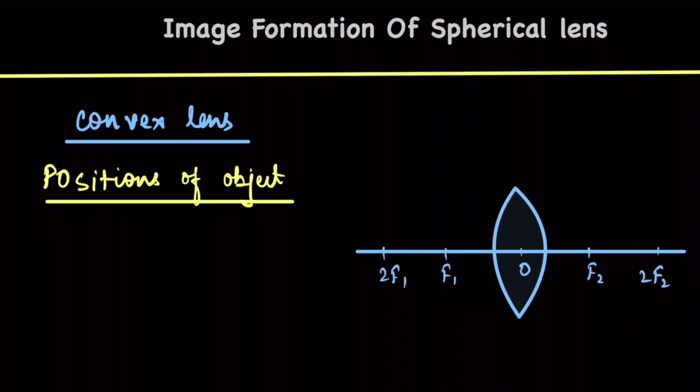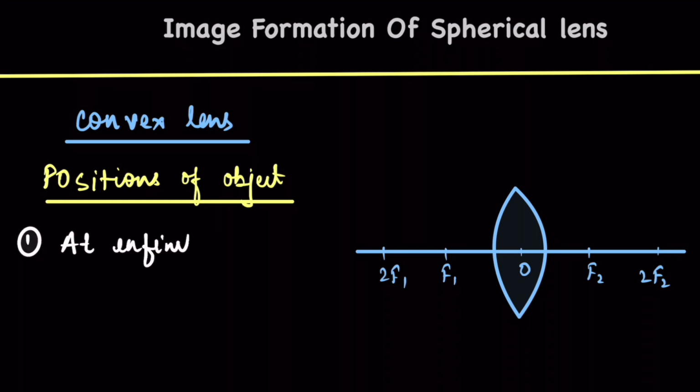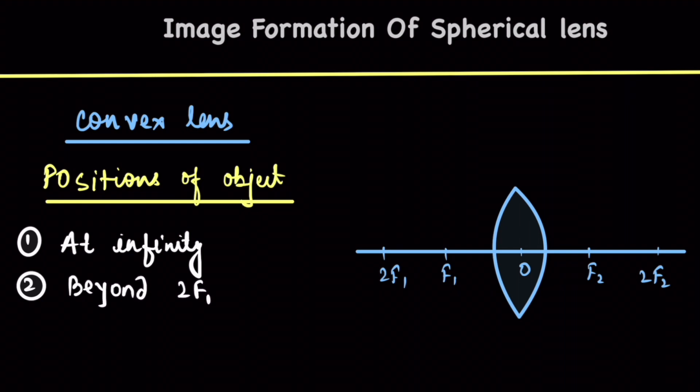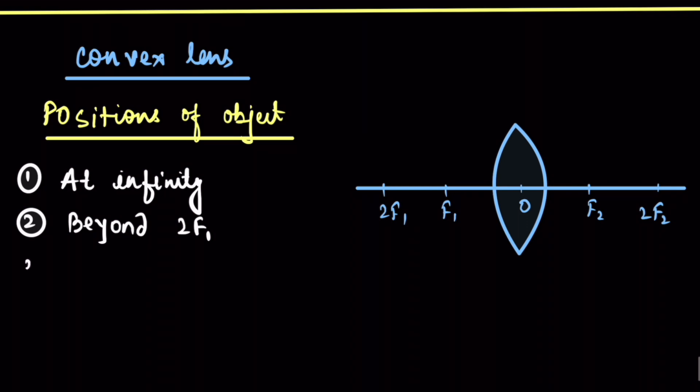First is when the object is at infinity. Second is when the object is beyond 2f1. Third is when the object is at 2f1.